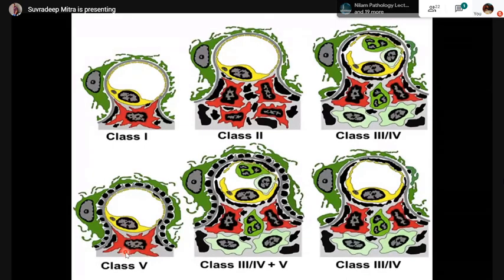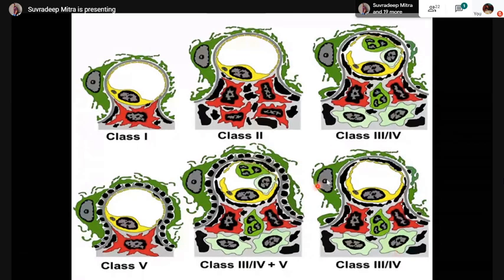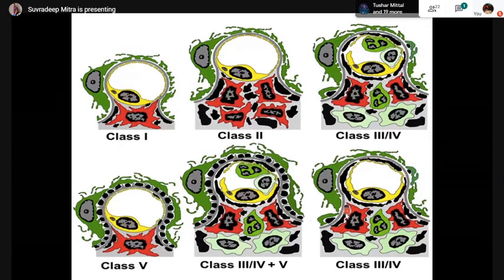There is a composite, which is the combination of class 3 or 4 and class 5, where for class 3 or 4 you see subendothelial and mesangial deposit, and for class 5 you see subepithelial deposit, right? Okay. Please remember, they have drawn another picture for class 3, class 4. Why? Because you see that there is mesangial hypercellularity, but there is no endocapillary hypercellularity, unlike this.